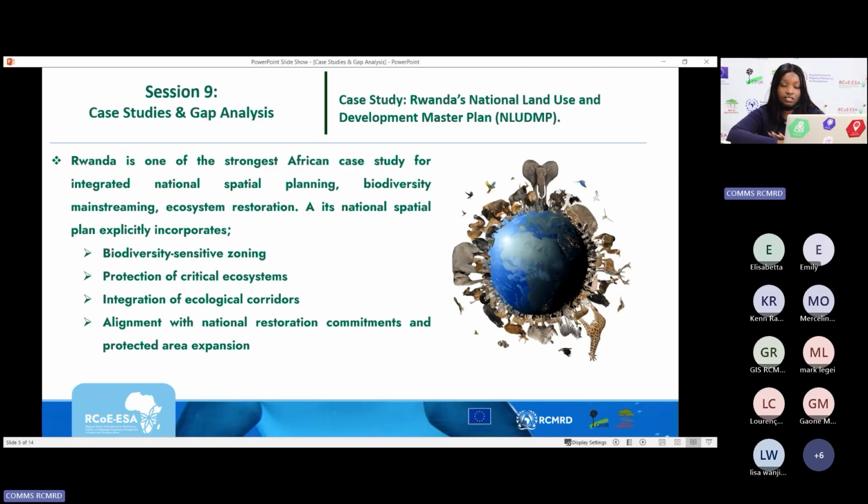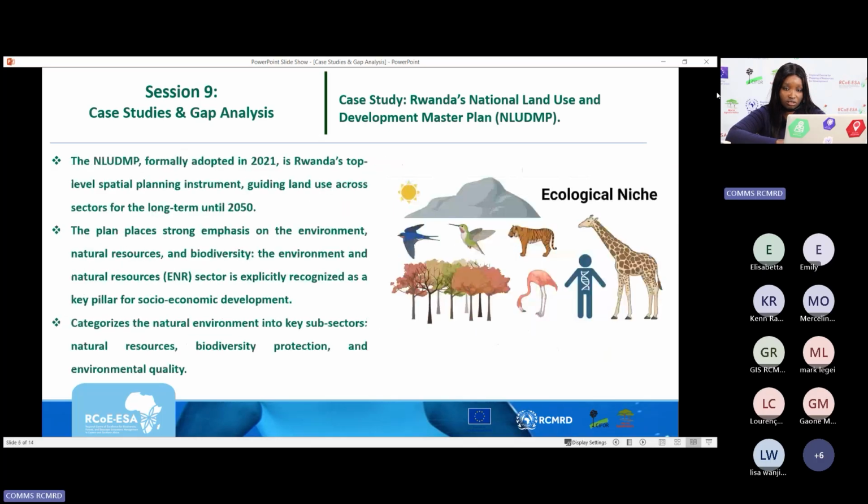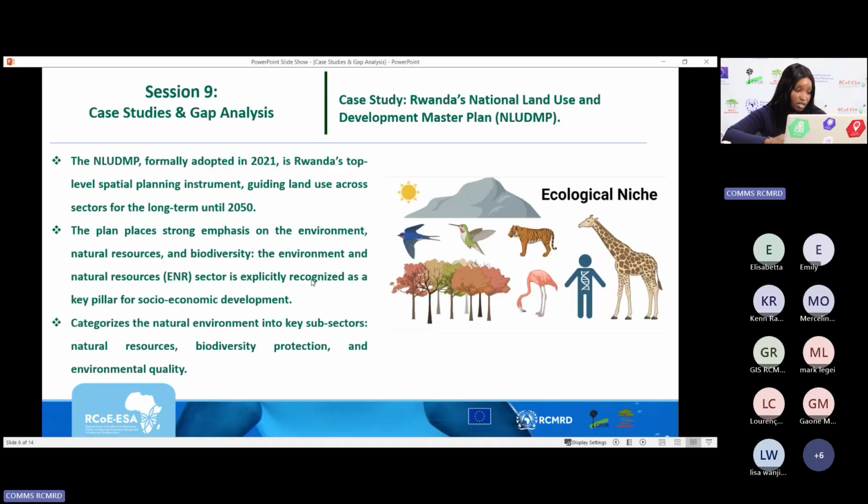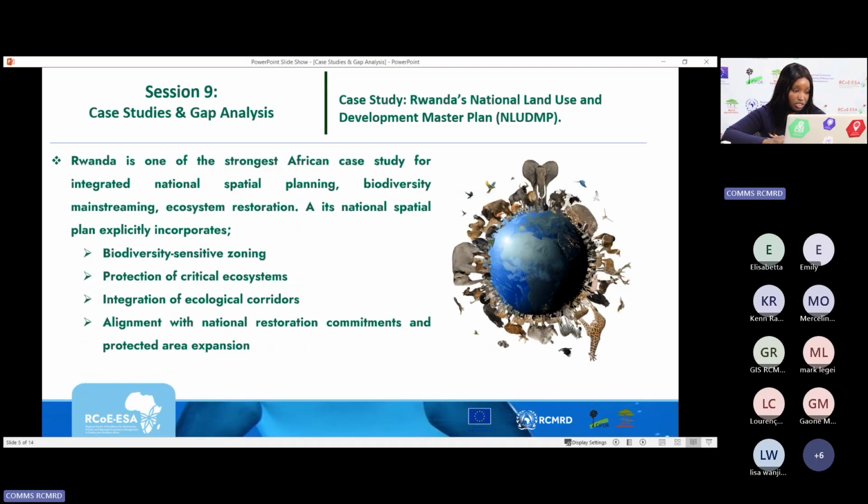Then alignment of the national restoration commitments that are anchored in the NBSAP. Yes, so being able to align with it as well as ensure there is consistency between the two documents.